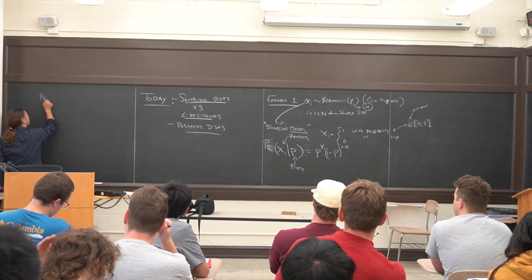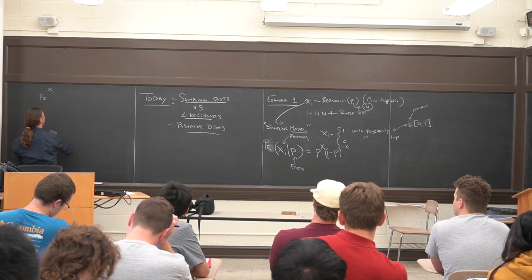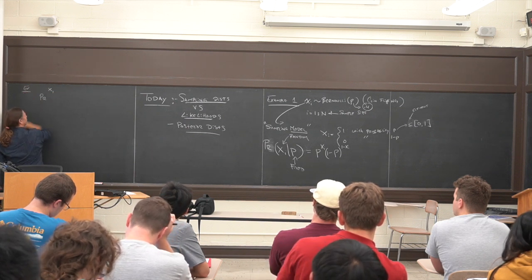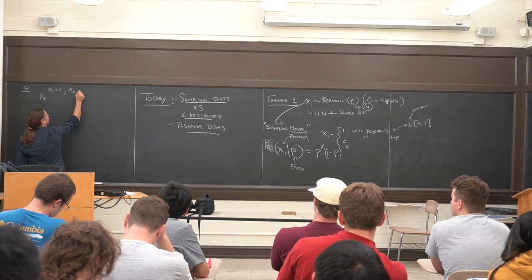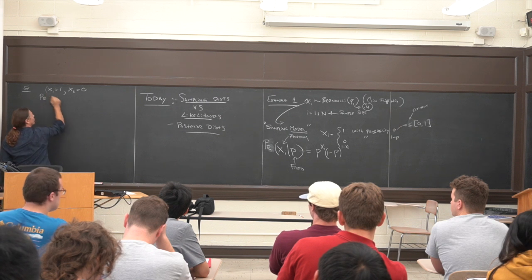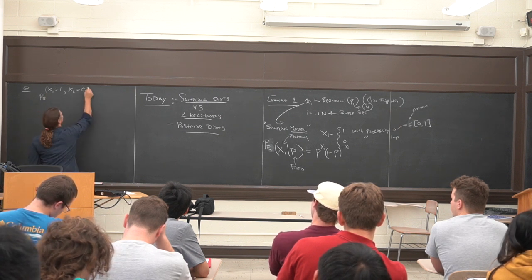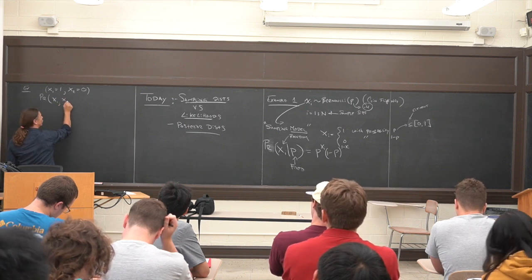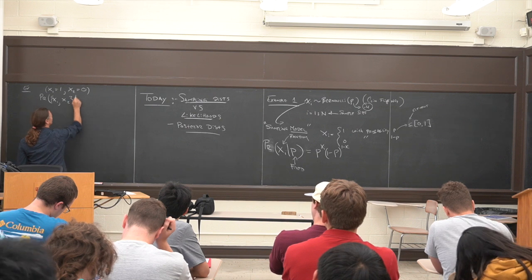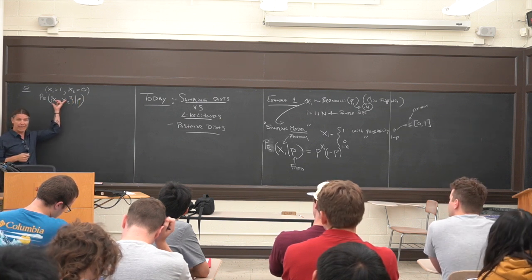So the probability that x1, I'm just going to give you an example right here to build up the thought. x1 is equal to 1, and x2 is equal to a 0. So maybe I have two things in my sequence. So I'm going to end up writing down x1 and x2, given p. So that's the joint probability of these two events.